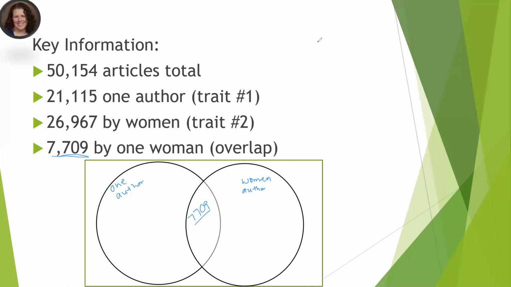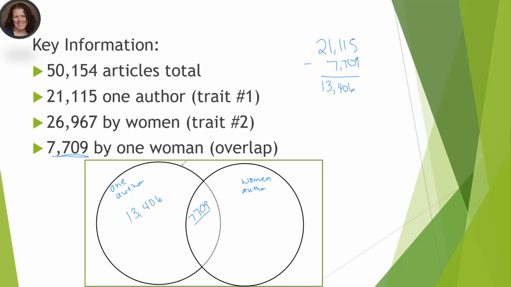So we'll take 21,115 and subtract off 7,709. And when we do that math, we have 13,406. So that number goes here.